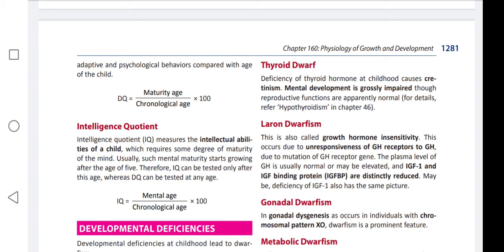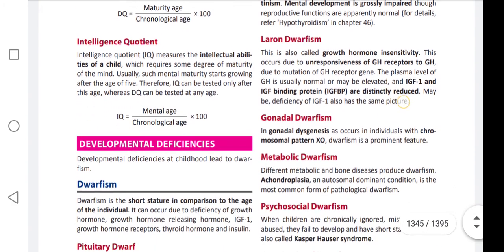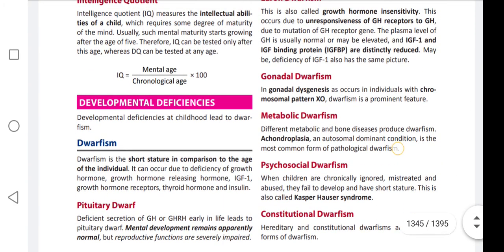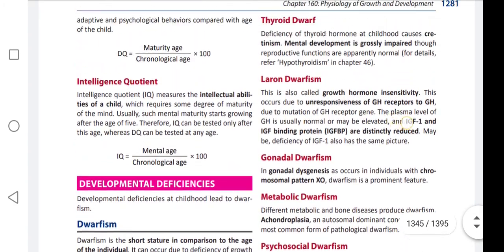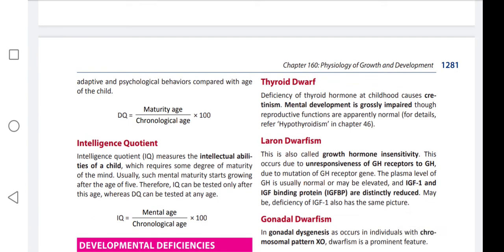After 5 years. What is the main difference between the thyroid dwarf and the pituitary dwarf? In thyroid dwarf, mental retardation occurs, but in pituitary dwarf, mental ability is normal, but reproductive functions are impaired.